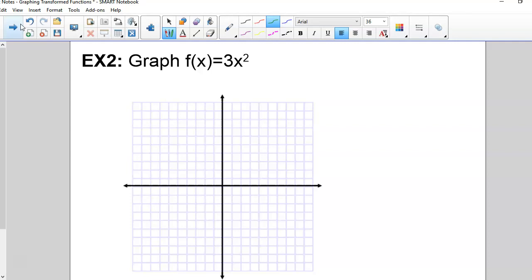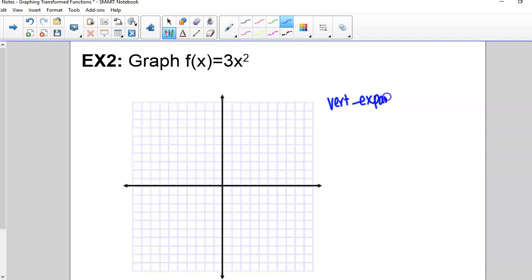What is our transformation that happens here? Vertical expansion by a factor of 3 in this case.